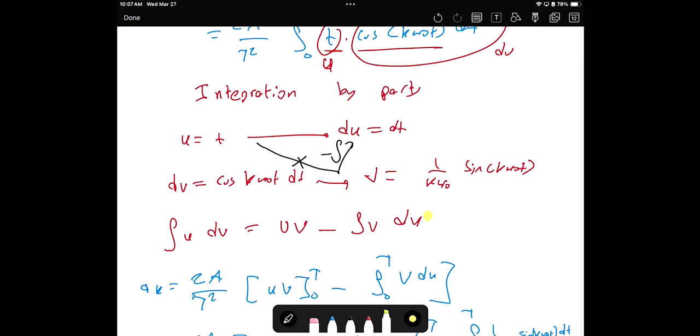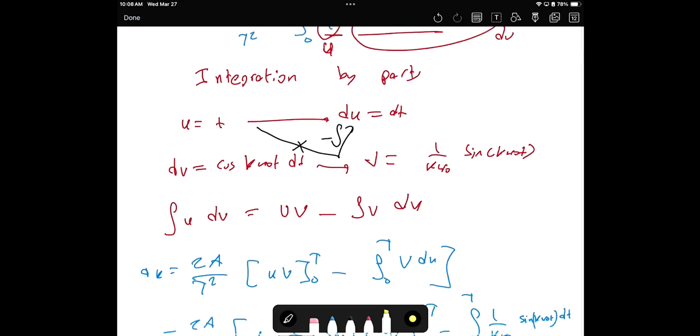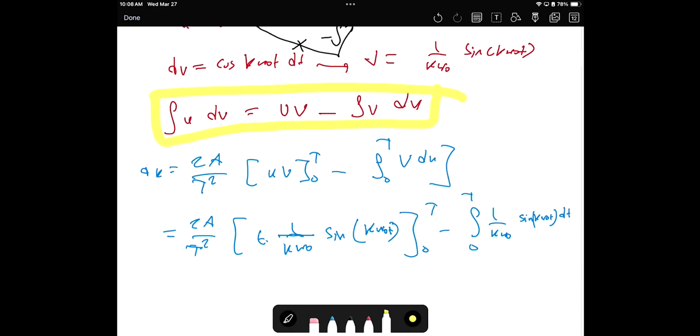Then the famous formula for integration by parts: the integral of u dv equals uv minus the integral of v du. So a sub k will be the constant 2A over T squared times uv minus the integral of v du. Don't forget to put the limits from 0 to T on both terms.